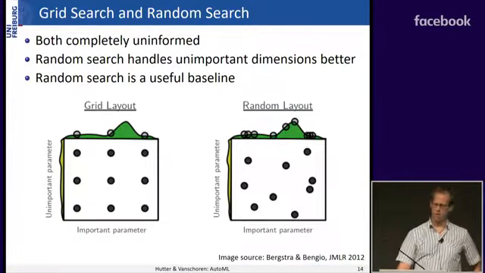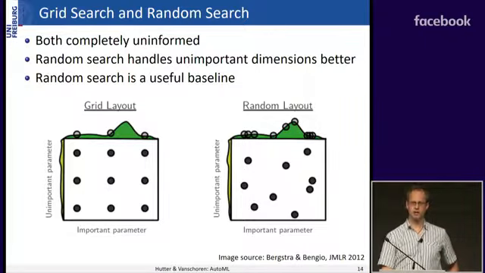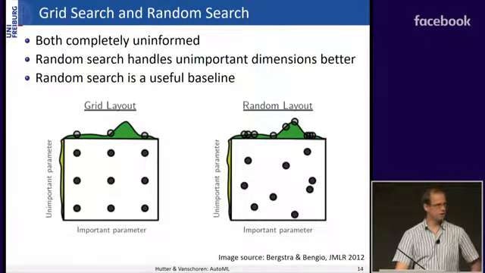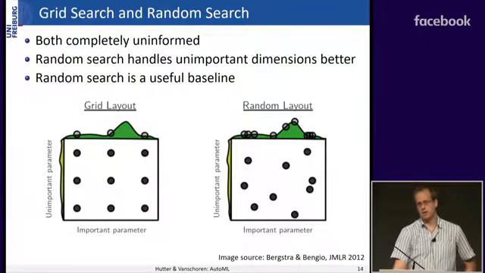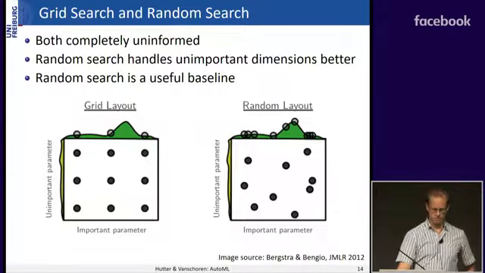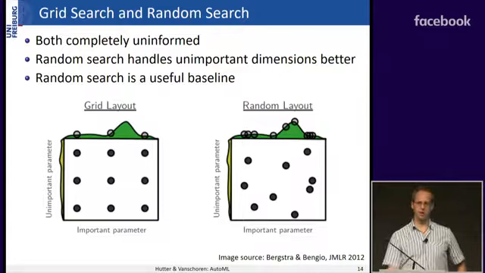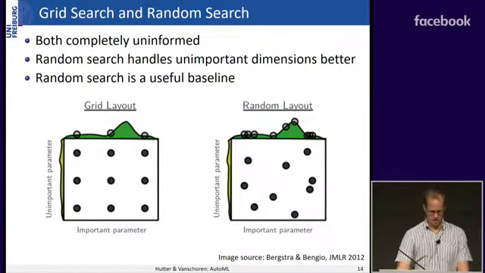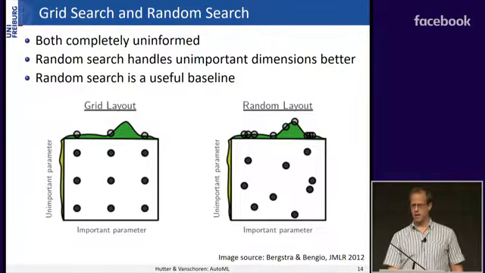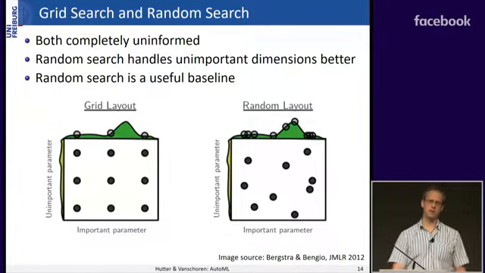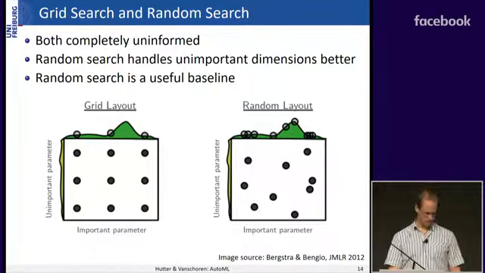The arguably simplest approach for doing hyperparameter optimization is grid search. This is, of course, exponential in the number of hyperparameters. It's useful if you have 1 or 2 hyperparameters, but if you have a lot of hyperparameters, it's probably not the best method. Random search, in contrast, is only exponential in the number of important hyperparameters.